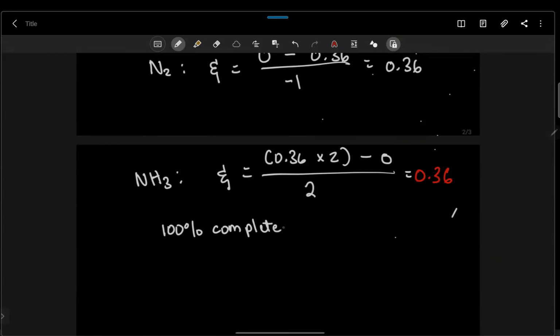It turns out that the moles of the limiting reagent is equal to the extent of reaction. Okay, in the next video, we'll explore another example, but with emphasis on other relationships such as yield, selectivity, and conversion.